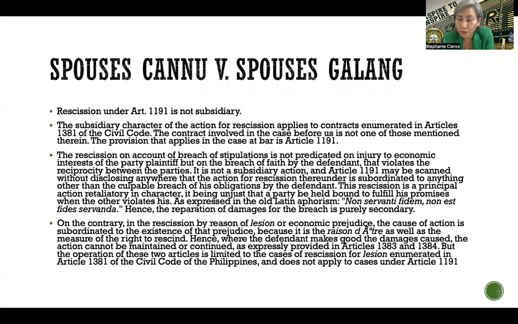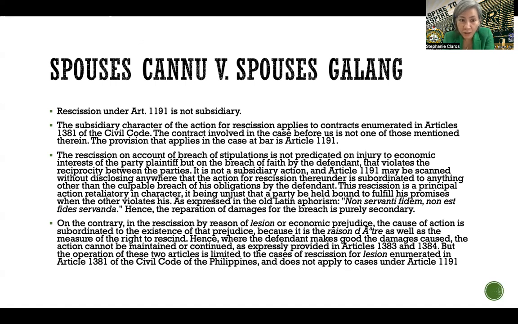So the court here clarified that rescission under Article 1191 is not subsidiary. So the rescission on account of breach of stipulations is not predicated on injury or economic interest of the party, but on the breach of faith by the defendant that violates the reciprocity between the parties.